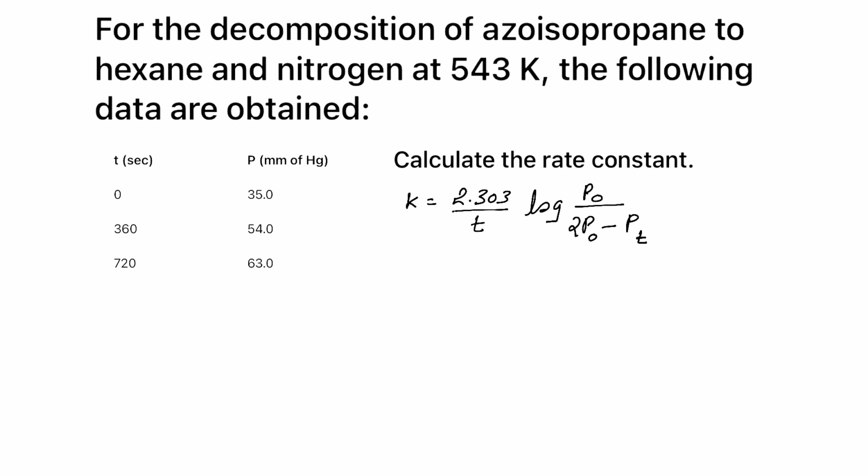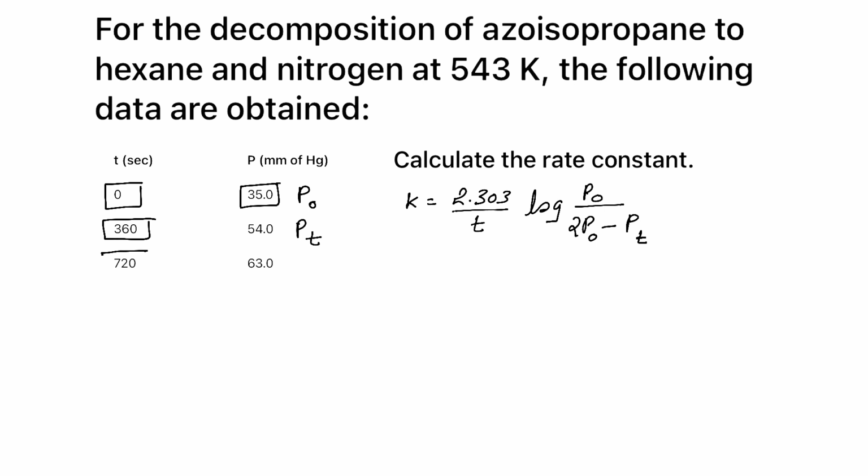Now, if you check the question, when time t is equal to 0, pressure is 35 mmHg. That is the P0 value. At time t equal to 360 seconds, the Pt value is 54.